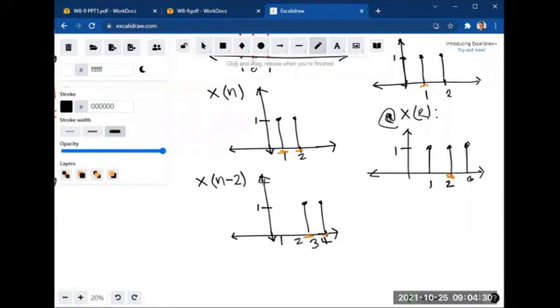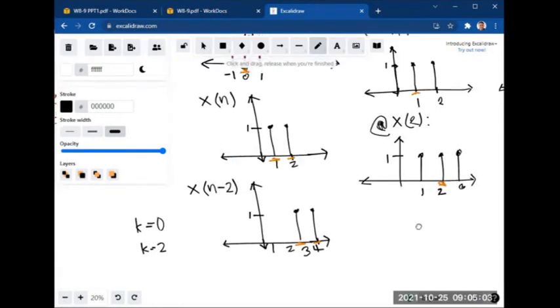Instead of our time 0 being at 0, we transferred our time 0 to 2. So instead of our k being 0, our k now is equal to 2, so it now becomes n minus 2.